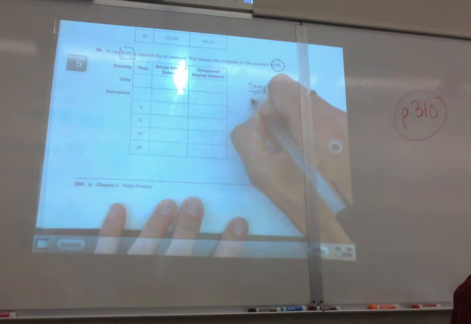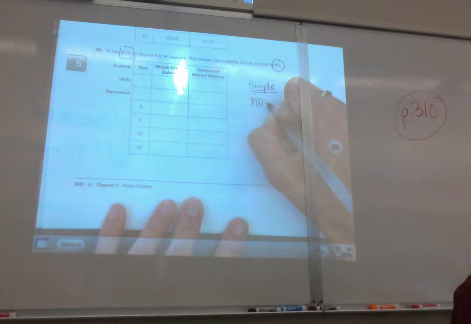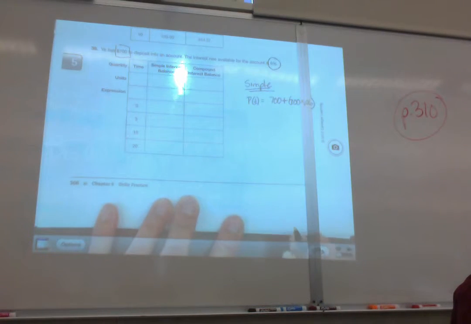Simple interest account, P at a time t equals P0 plus P0 times R, and R is 6%, that's 0.06, times t.